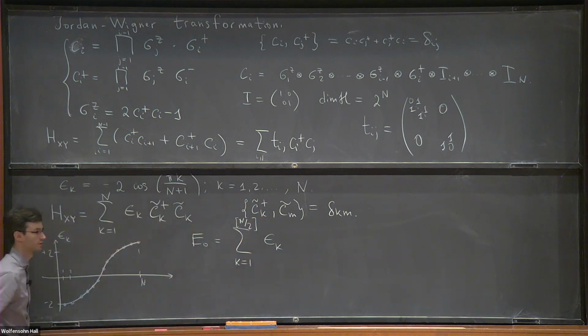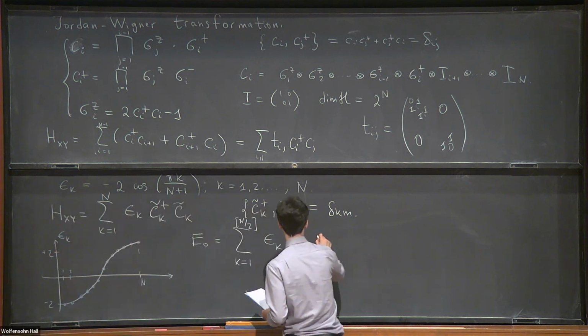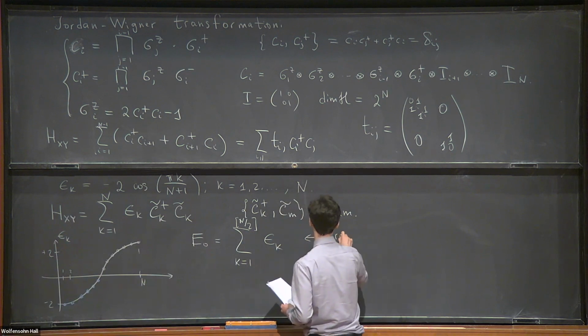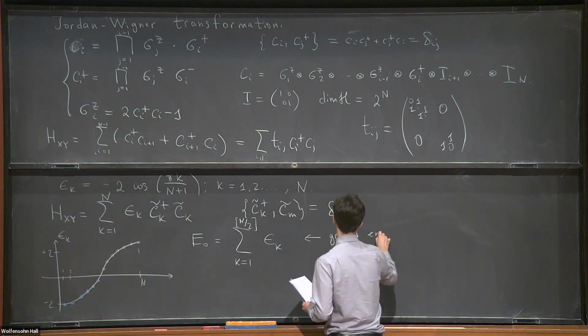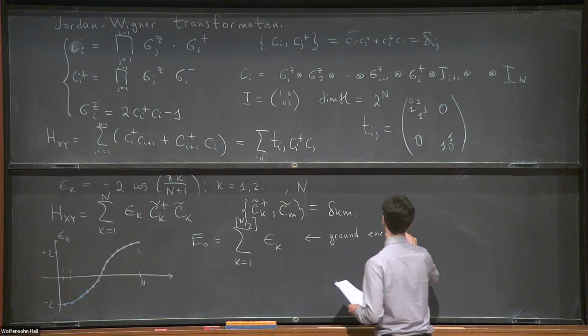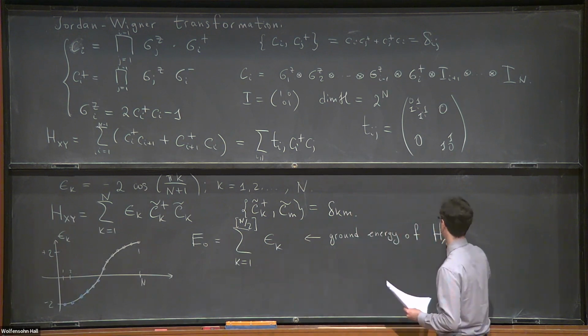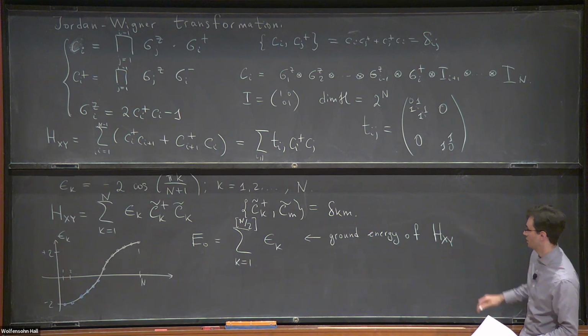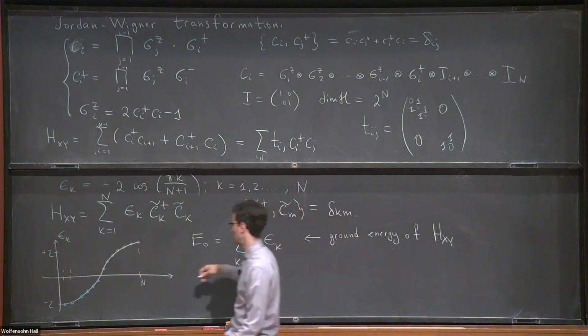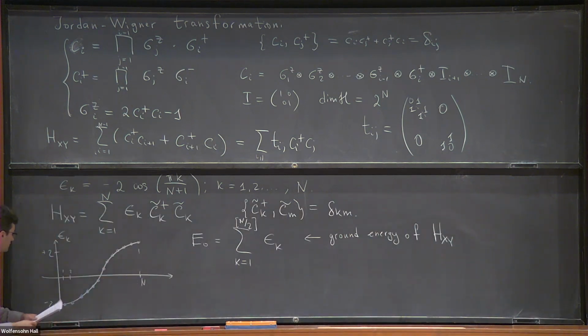So that would be the ground energy. And the excited states are obtained by just filling the spectrum in a different way.